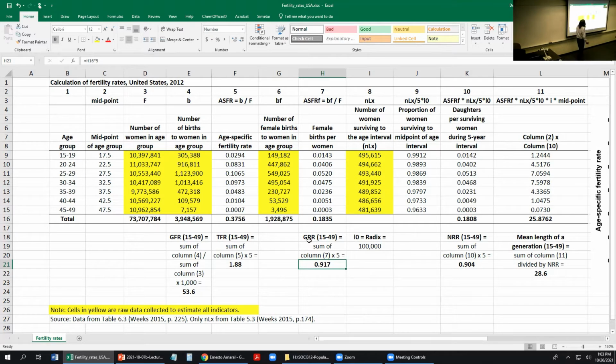Because let's say if I had 500,000 women here, how much would this number be? 500,000 divided by 500,000, I would have 1. 100% of women reaching the age of 17.5. 1 times this would be exactly this number, 0.0143, because all women reach that age of 17.5 and they would all experience that chance of having daughters.